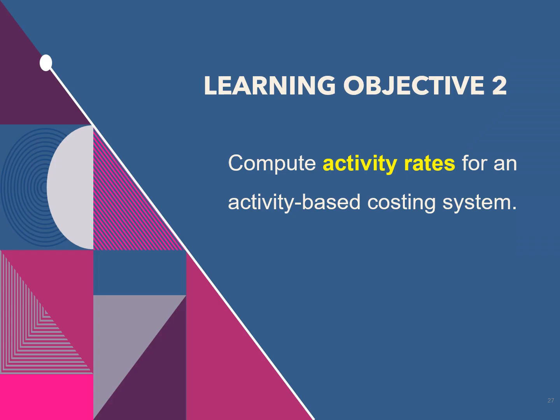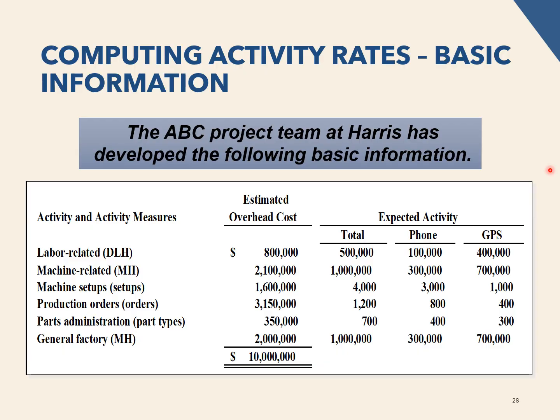Learning objective number 2 is to compute activity rates for an activity-based costing system. The ABC project team at Harris has developed the following basic information to compute activity rates. The first column is activity and activity measures.